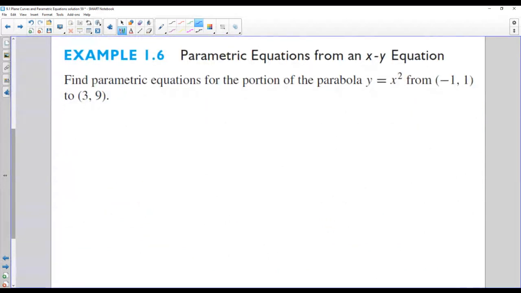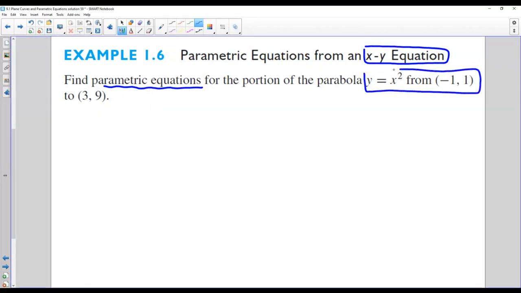Now, how do we find parametric equations of an xy equation? This means y is equal to x squared from the point (-1, 1) to the point (3, 9). I think I already did an example like this.